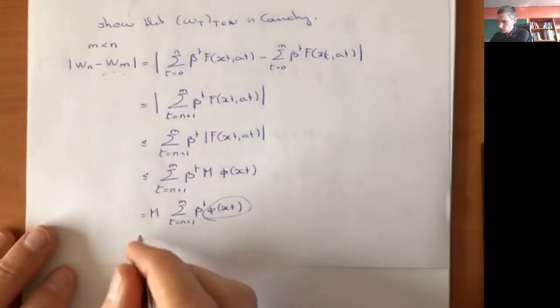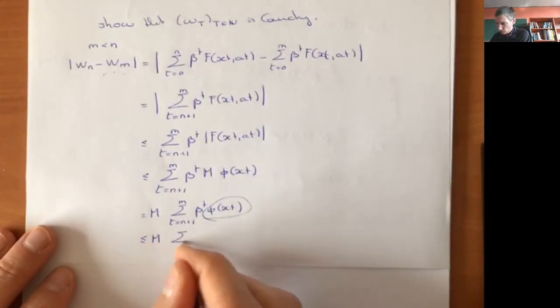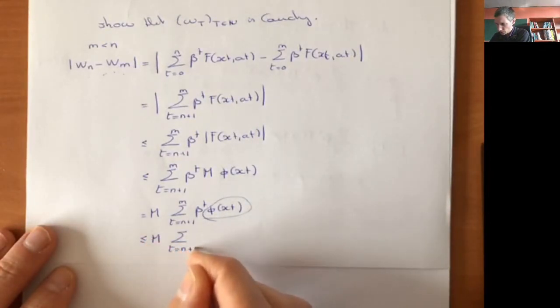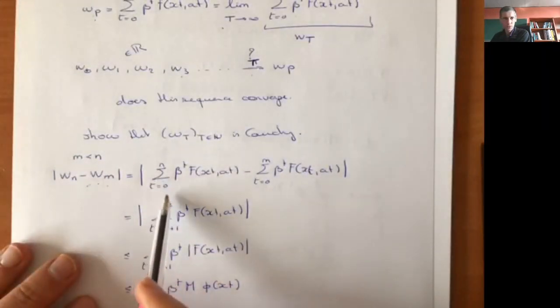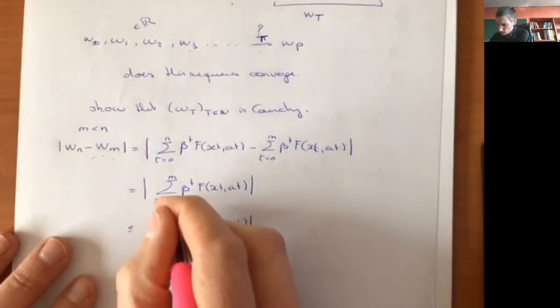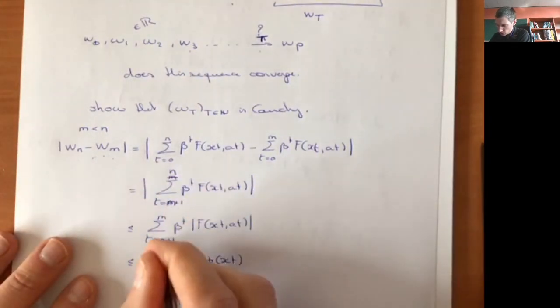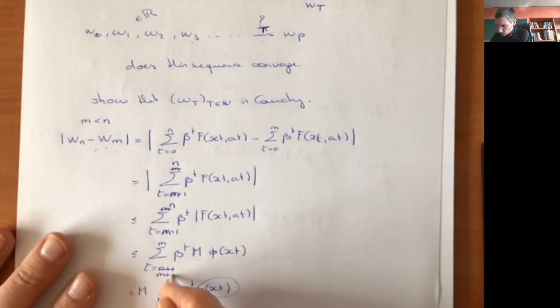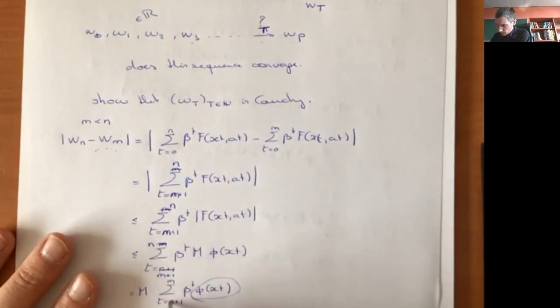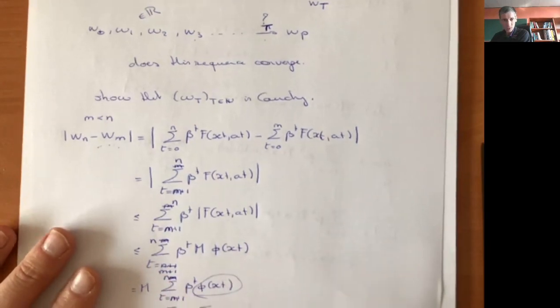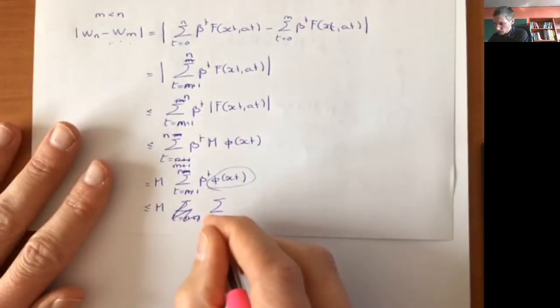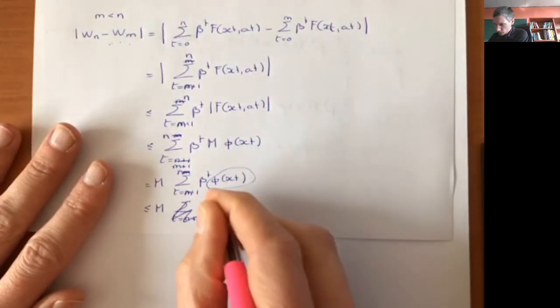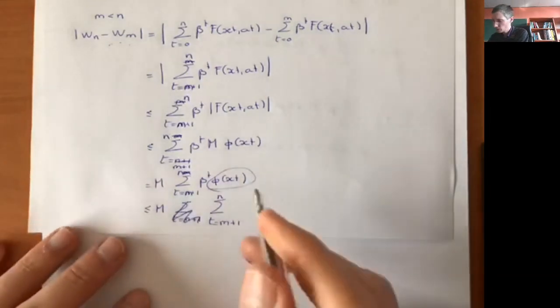So if you use this here, we have that this is less or equal to m, t starting from n plus 1. Oh, I'm a bit confused here. N was bigger than m. So t should start at m plus 1 to n. Sorry for this.